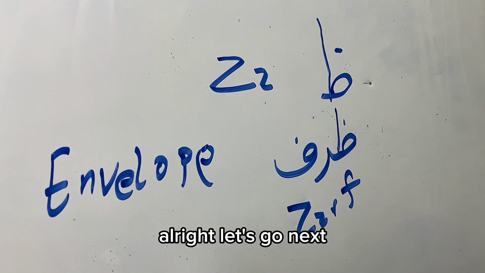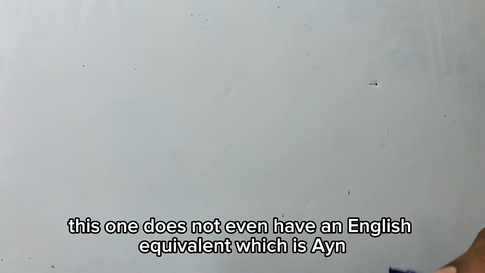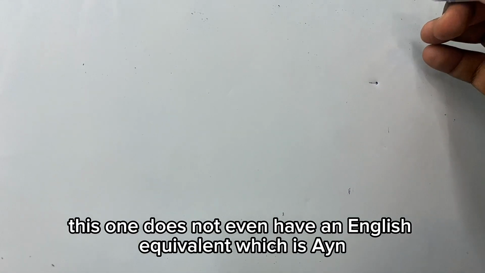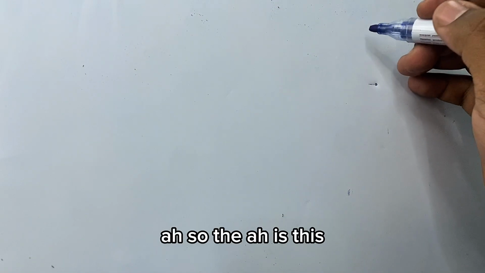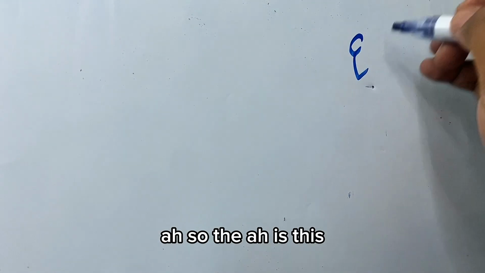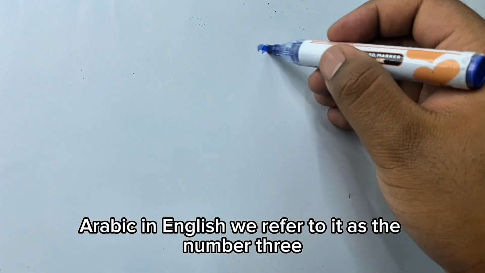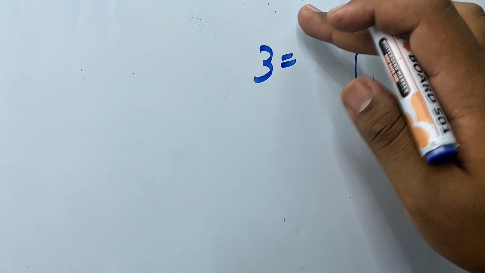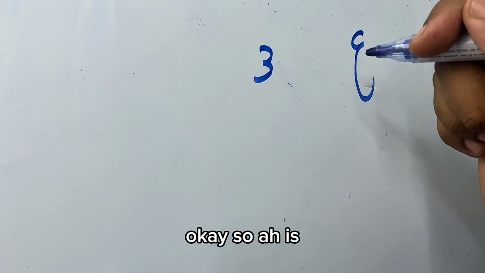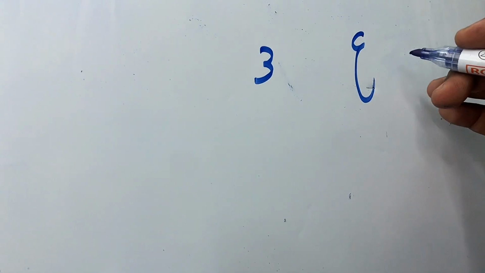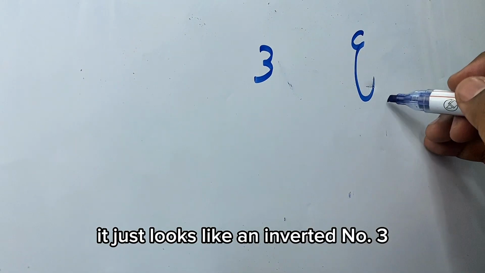All right, let's go next. Now the next one, this one does not even have an English equivalent, which is ʿayn. So the a is this, a. And usually whenever we write Arabic in English, we refer to it as the number 3. Okay, so it just looks like an inverted number 3.